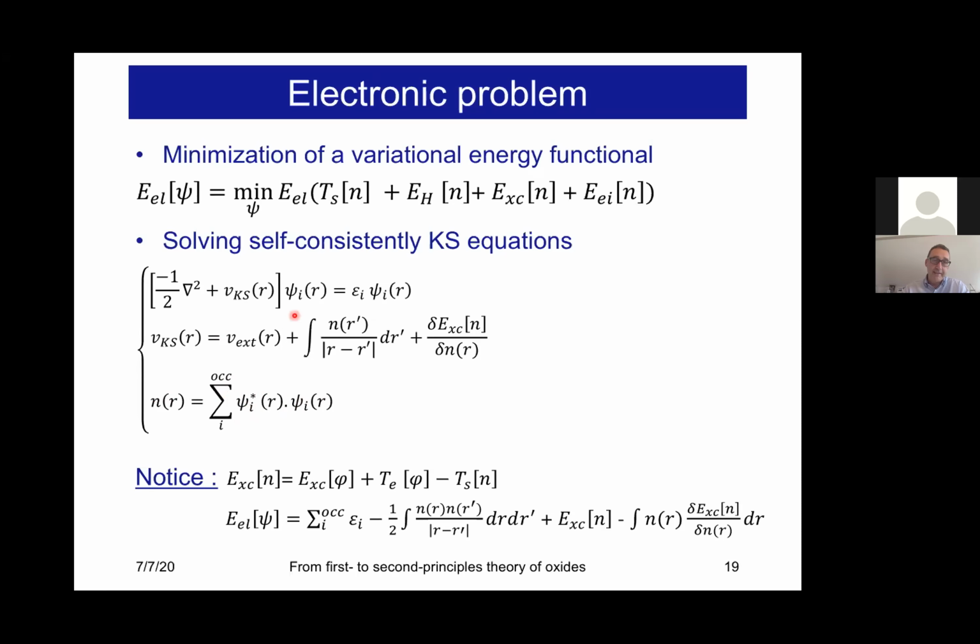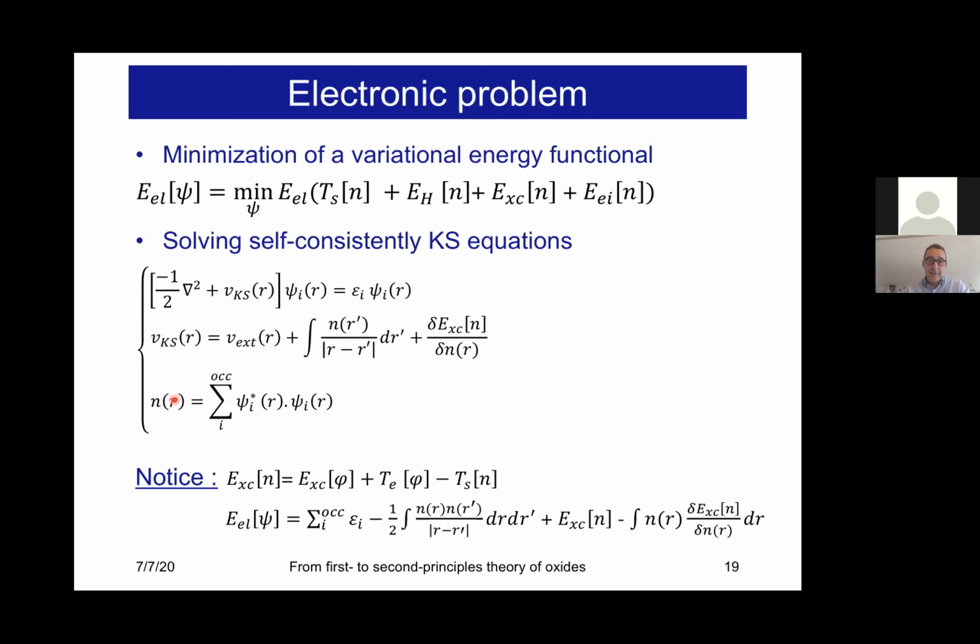From the density, you can estimate the Hartree and exchange correlation potential. From this, you know the Kohn-Sham potential, and you can solve this equation, get an updated wave function here that allows you to update the density and to solve the problem self-consistently.